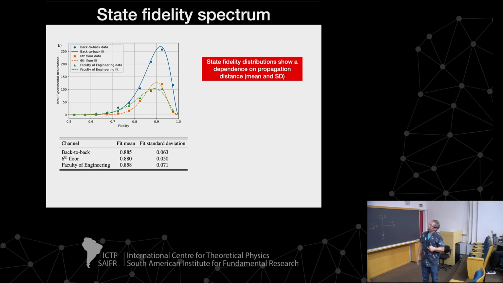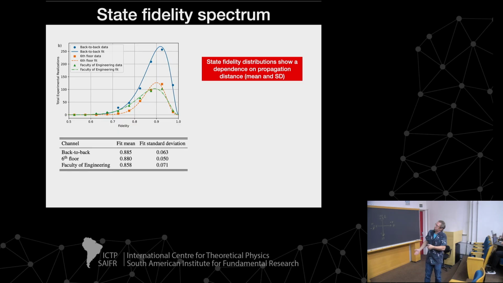But another important thing this shows is that in every theoretical paper on QKD, it's always assumed that the noise level in the channel is constant and does not depend on the propagation distance. So when people do a calculation, they say, I'm going to have 10% noise, and I'm going to go 10 kilometers, but then also 1,000 kilometers with this 10% noise. This isn't true. The noise increases with the propagation distance, right?